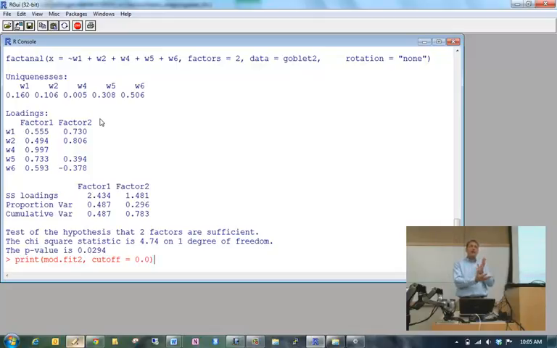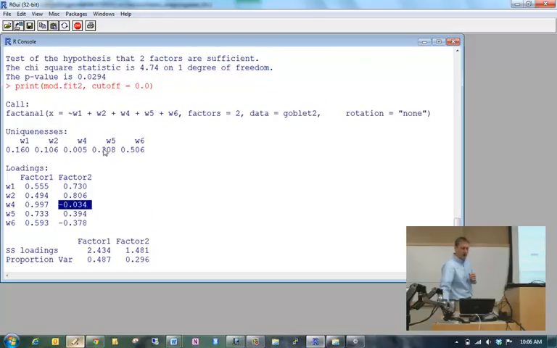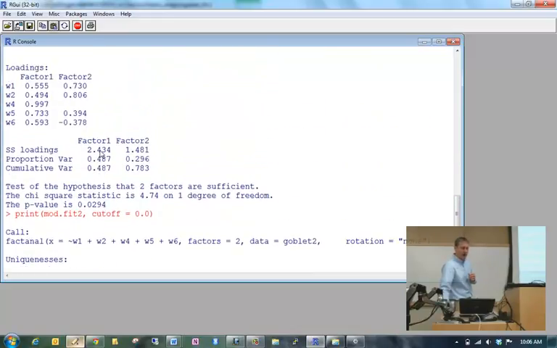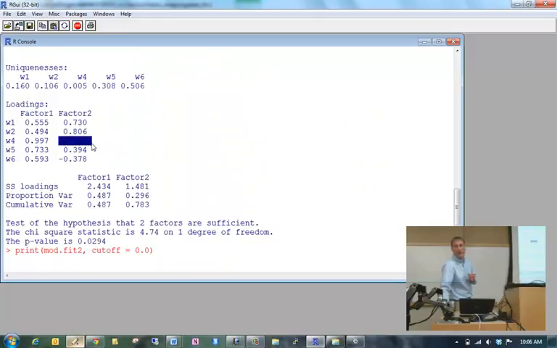Well, we're going to do exactly the same thing here, and that makes sure that all our lambdas are actually printed. Otherwise, by default, any of these lambdas that are less than 0.1 in absolute value will not be printed. So if I go back up to our original output, notice you don't see anything there.